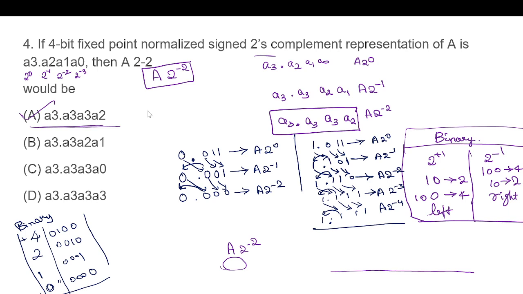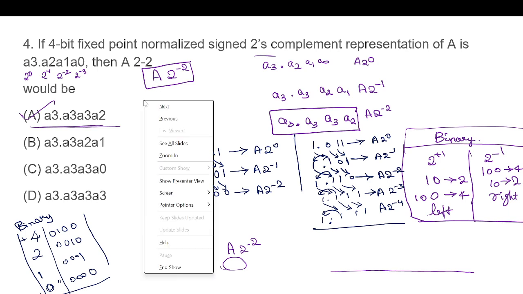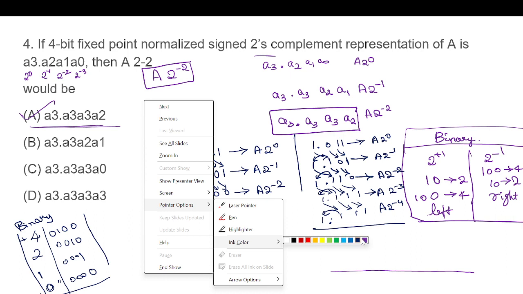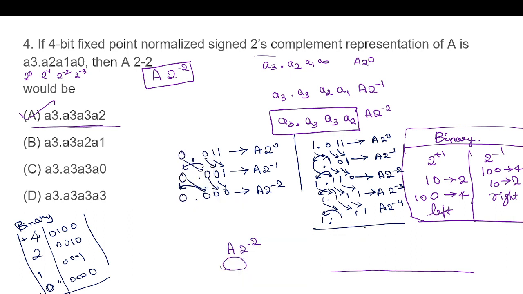2 power minus 1, 2 power 0 that come. Minus a plus a means plus a, once you are saying a into 2 to the power plus 1. Is your question like a 2 to the power plus 1?